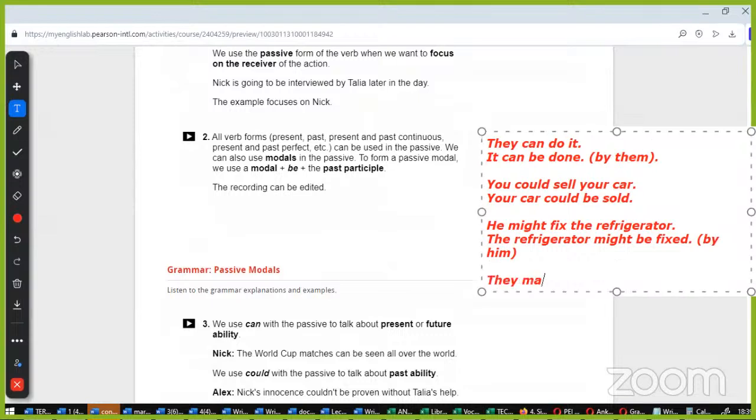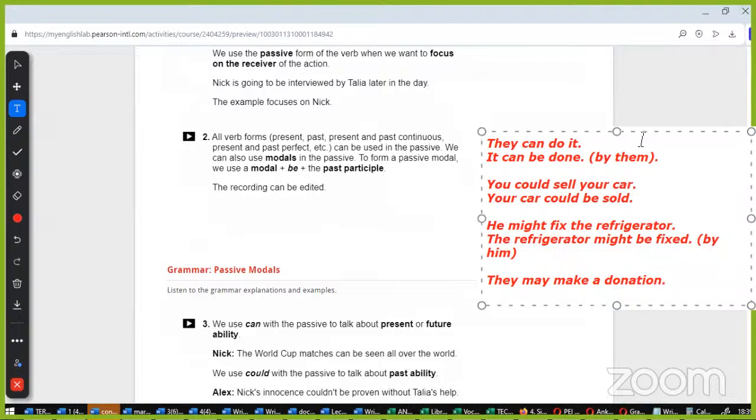They may make a donation. A donation may made by them. This is not correct. Something is missing here. Okay. They may make a donation.